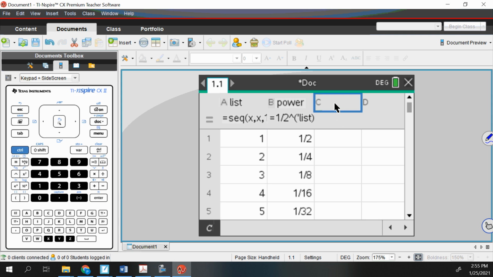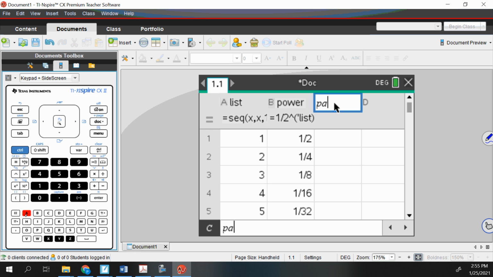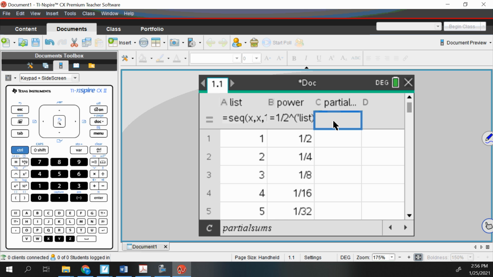So then the last one, we're going to write partial sums. And I don't think they like spaces here. That's why we've got to put it all as one word.